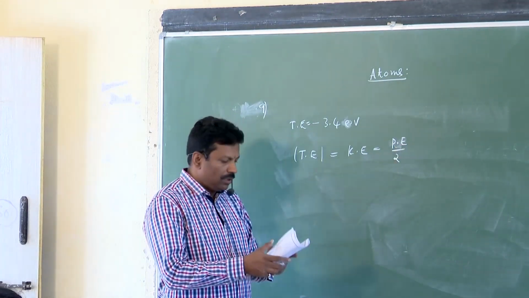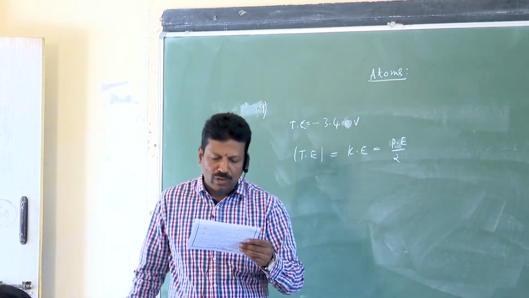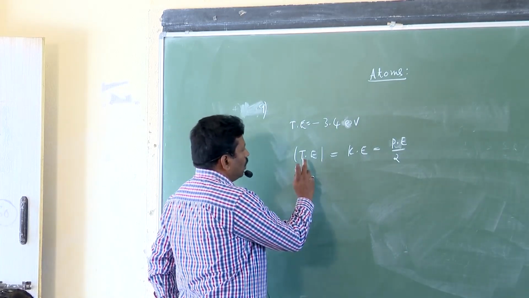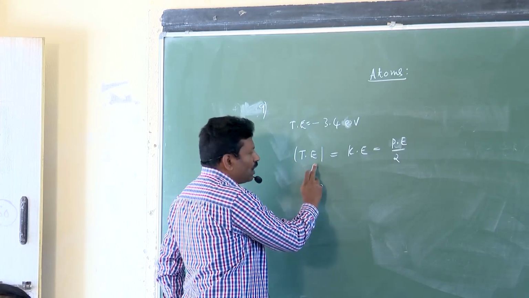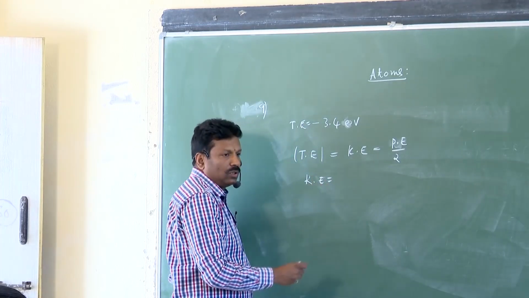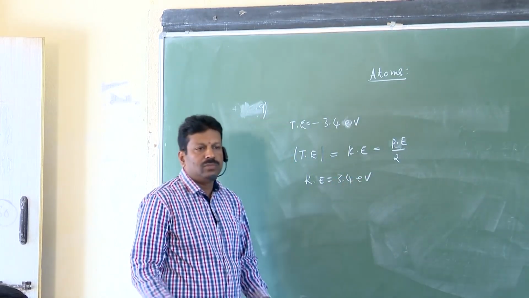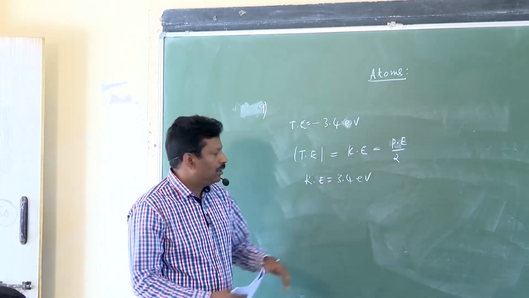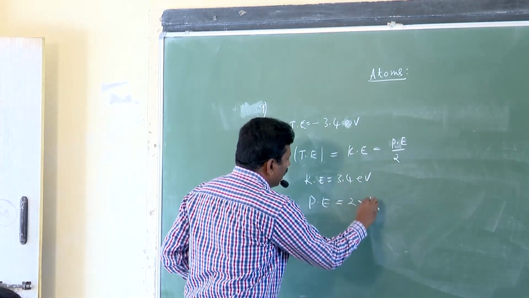So here the question is, the total energy of electron is minus 3.4 electron volt. Find its kinetic and potential energies. As you can see here, total energy is given as minus 3.4. Now the magnitude of total energy is equal to kinetic energy. So then what is the kinetic energy? 3.4 electron volt. It's positive. Kinetic energy is positive. It can never be negative. And what about potential energy? Potential energy is twice kinetic energy, correct?